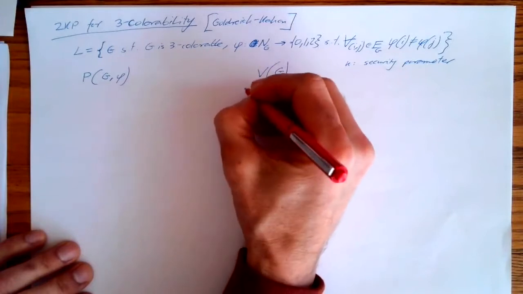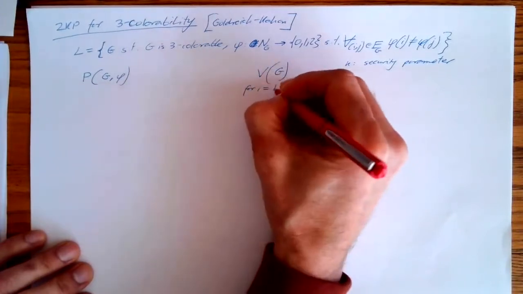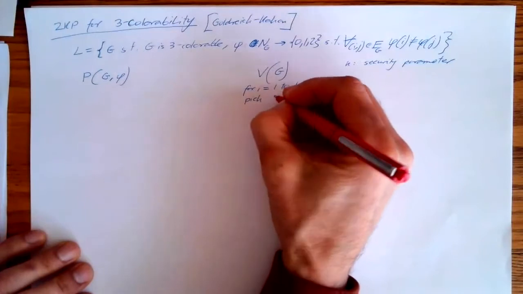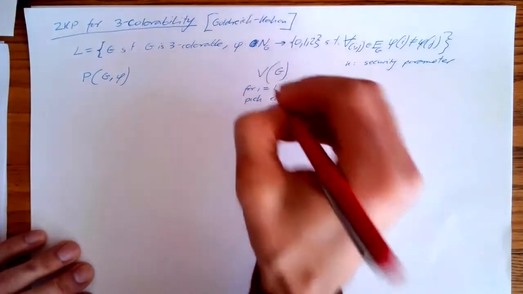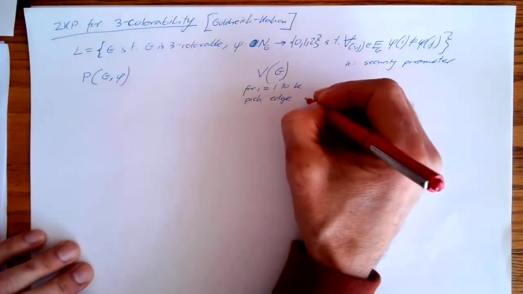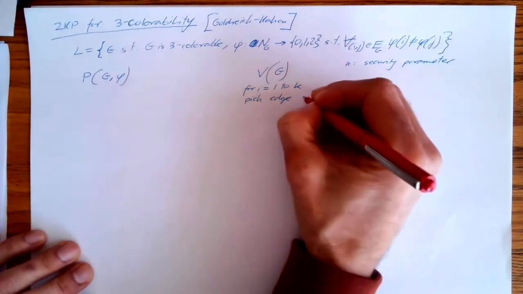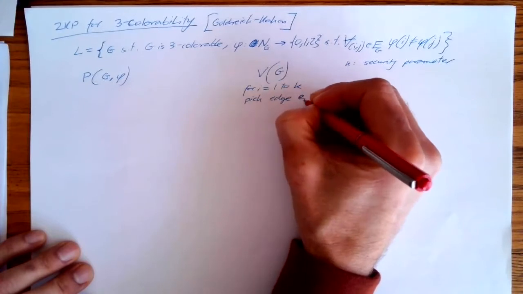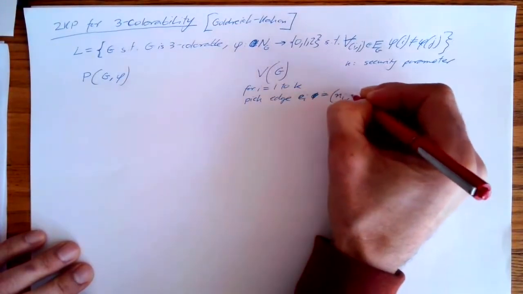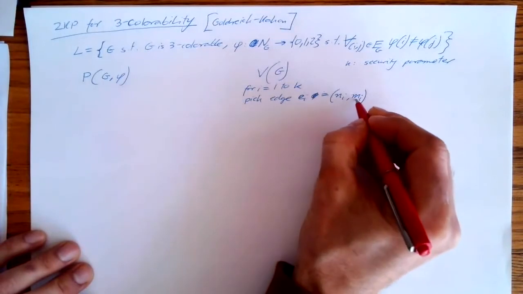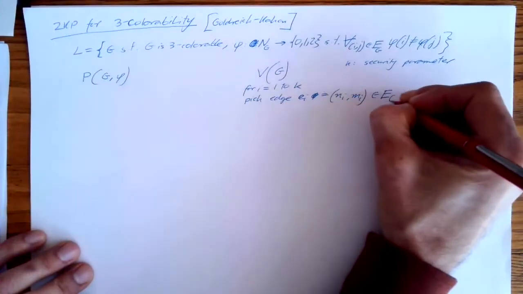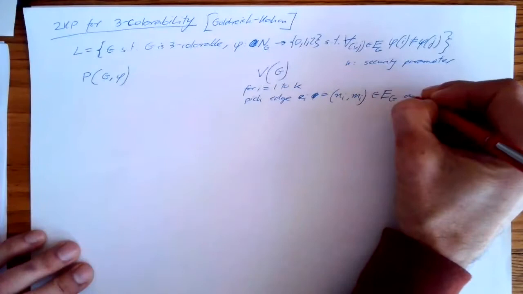This guy picks, for i from 1 to k, an edge e_i in the edge set of the graph at random.